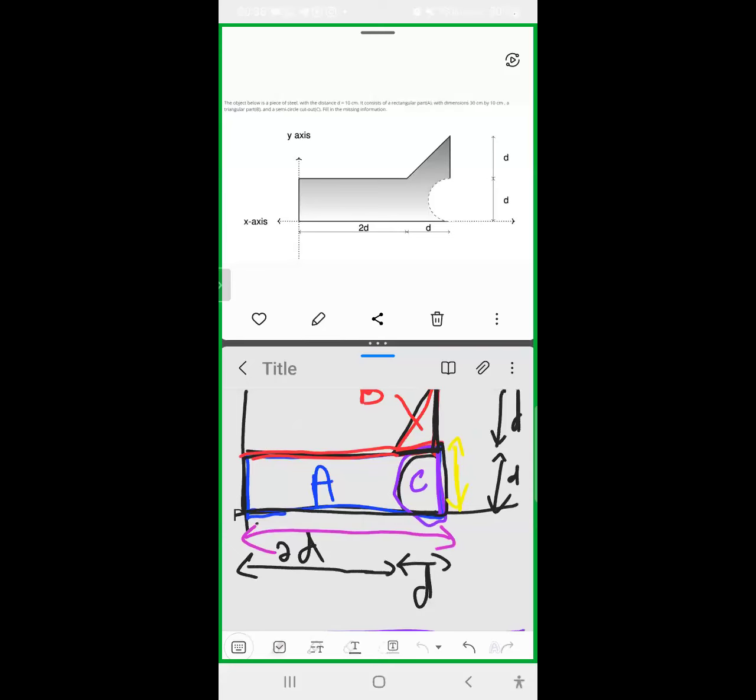If, for instance, this wasn't a cutout, and it was located outside like this, then it would make sense to say 3d plus the x coordinate for this semicircle.